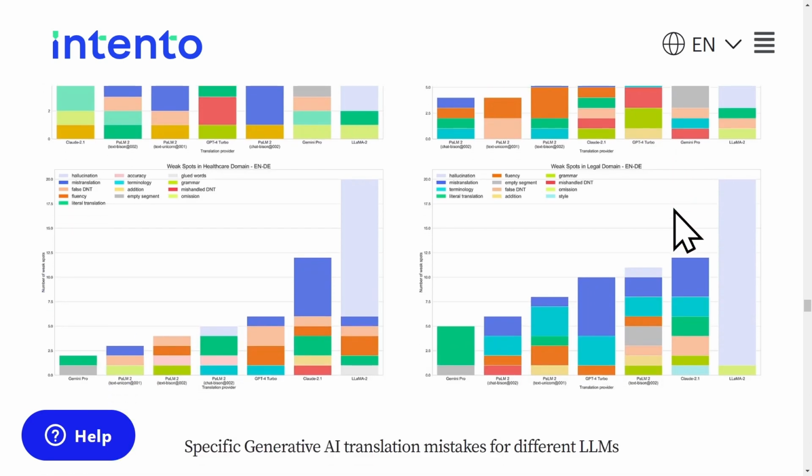And then if you look at what's happening here in legal domain, for example, you can see that the Llama 2 will be hallucinating a lot. Okay, and that seems to be the same tendency as well with healthcare English to German.